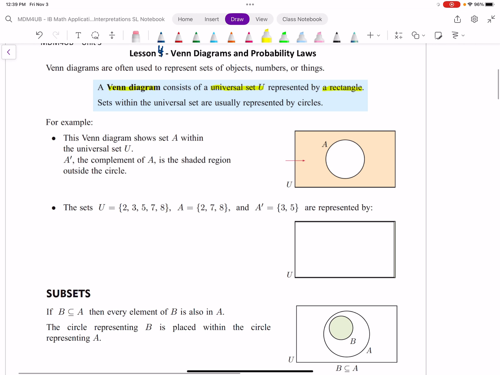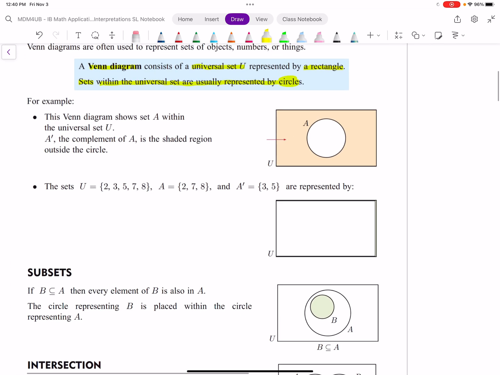And within this box, sometimes you have multiple sets, so multiple circles. You might have one circle, and you might have a specific type of outcome, and those are represented by the circles. So for example, this Venn diagram shows set A, so we've got an A just outside of the circle within this universal set, which is given as U here beside the box.